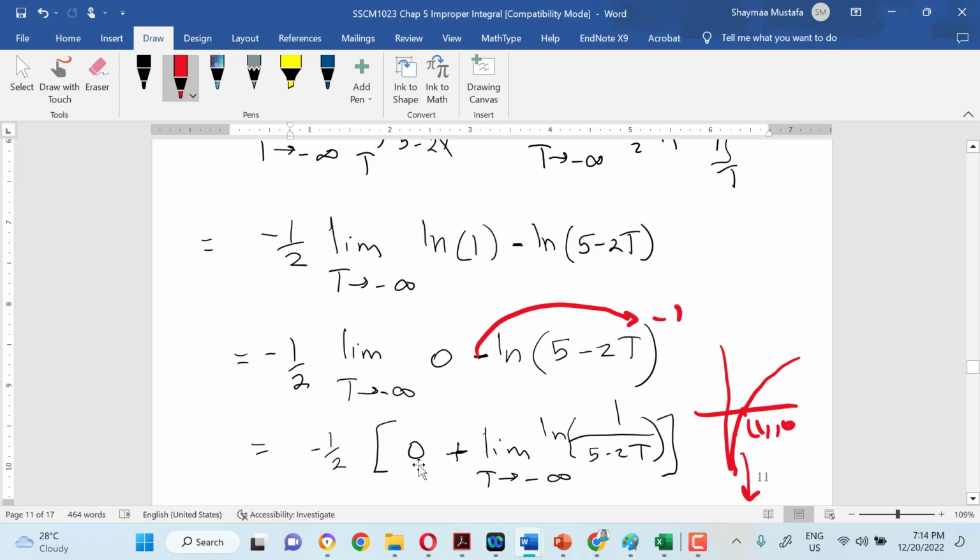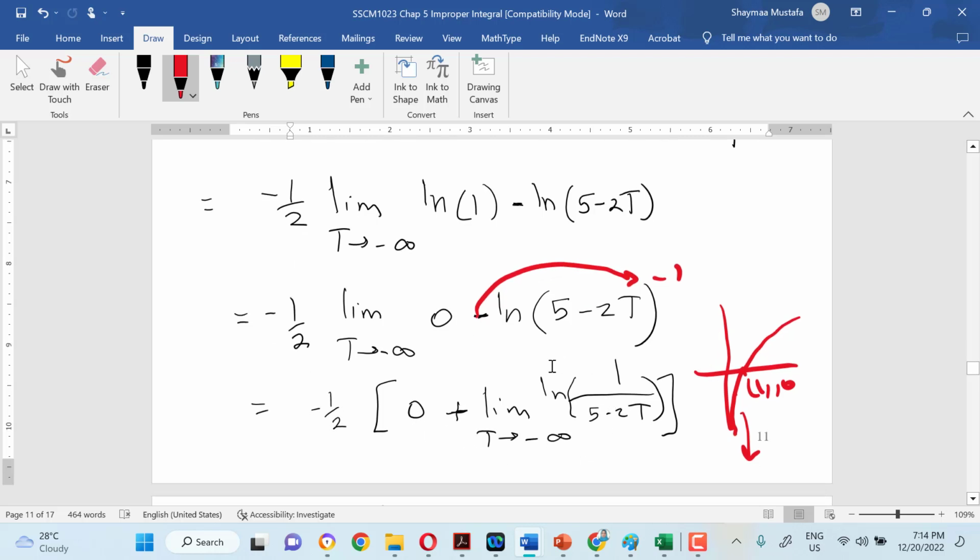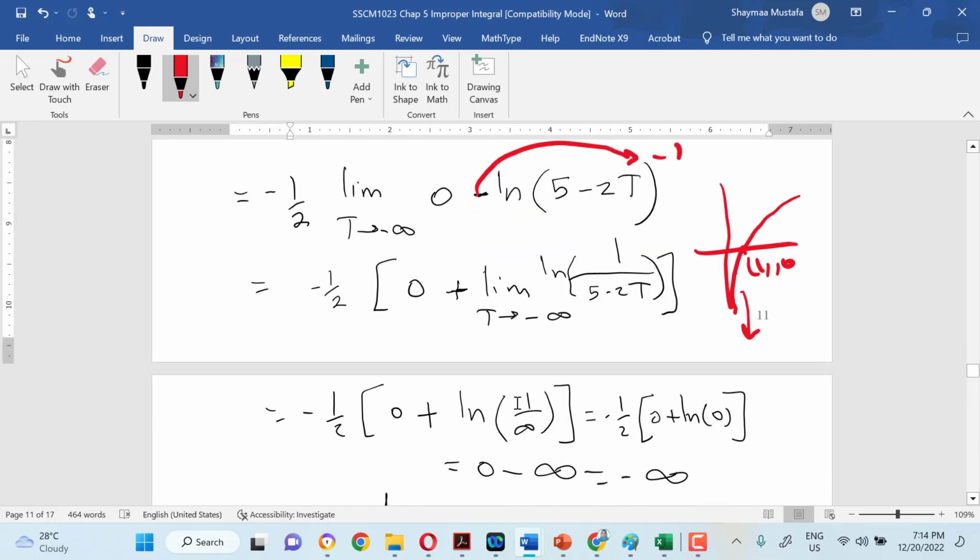The limit of 0 is 0. Now I need to calculate the limit of 1 over 5 minus 2t. So I have infinity here. So 1 over infinity, any number over infinity is 0. So 0 plus logarithm of 0.